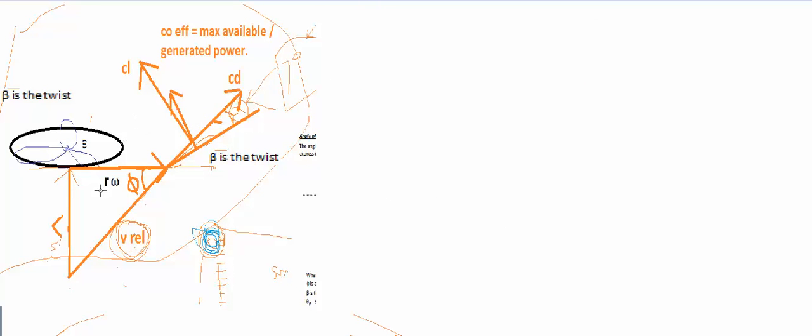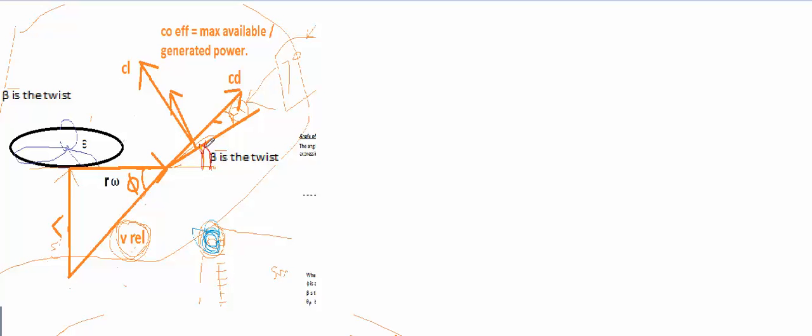If you carefully observe, this phi is very big because radius is very small, isn't it? So this vector r omega, the linear velocity of the element, is small. That is the reason this phi has to be big, isn't it? So if this phi is big and this angle alpha, we want it to be 7 degrees, that means this angle beta, this angle right over here, is big.